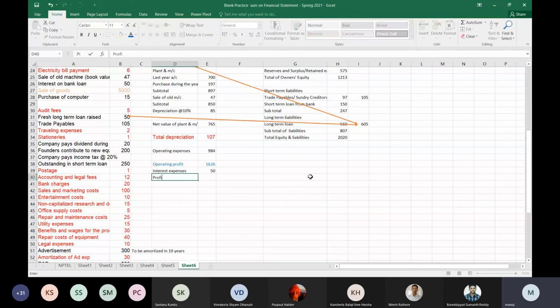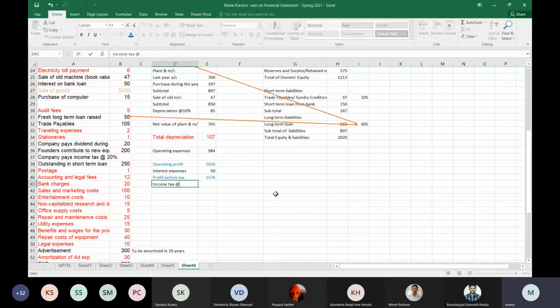Then profit before tax. This is equal to this minus interest. So we have 1576 rupees of profit before tax. Again, wonderful. Now income tax.